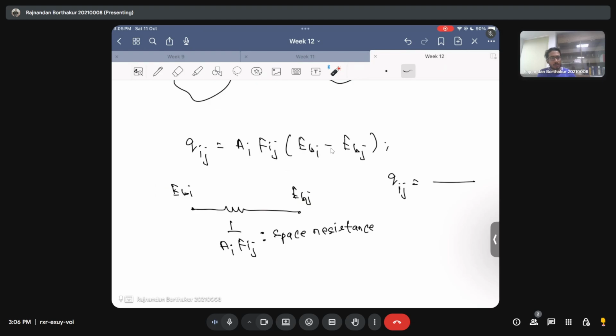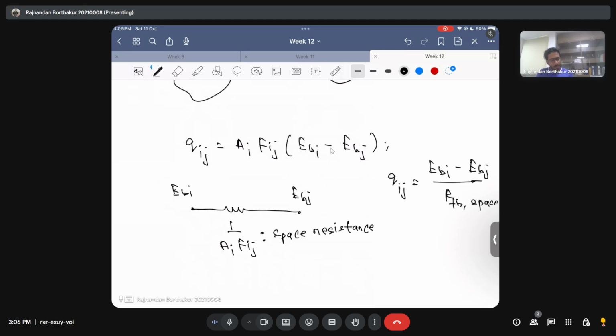In context to conduction, it was the temperatures. But here, since we know that the emissive power is proportional to the fourth power of its temperature, we cannot write the nodes as just the temperature values, but rather we need to consider the emissive powers. So it basically came out to be EBI minus EBJ divided by the resistance, which for the case of a black body came out as a space resistance.